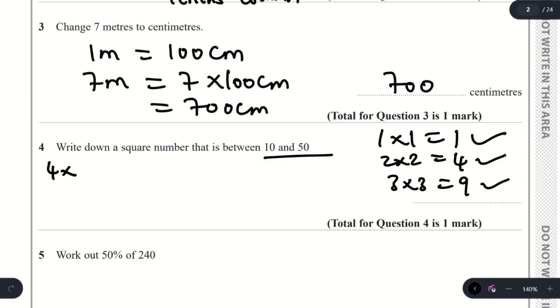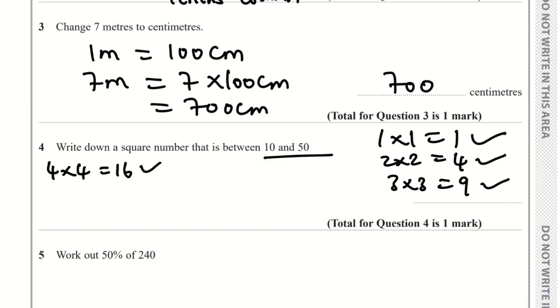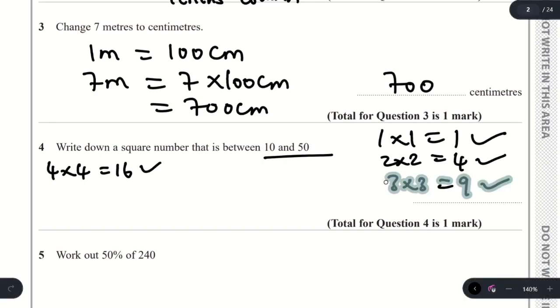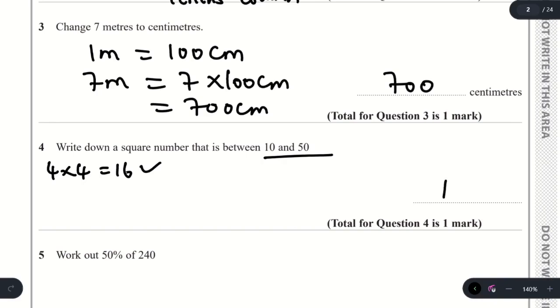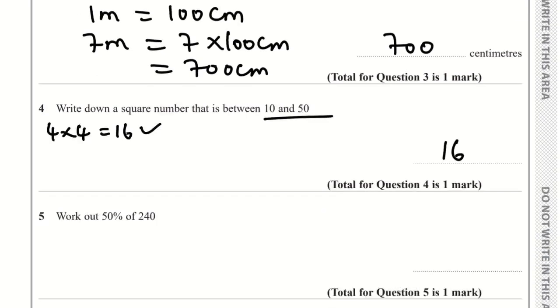So 4 times 4 is 16. 16 is a square number and it's between 10 and 50. And they say we should write down a square number, just a square number. All right, so we can just pick 16 as a square number. I'll just write it here. So 16, very good. Let's go to question number 5.